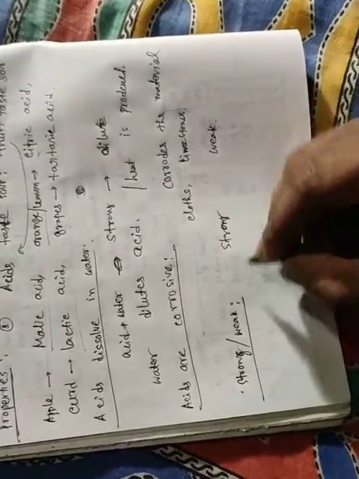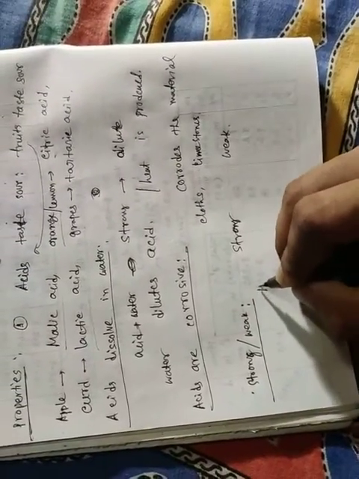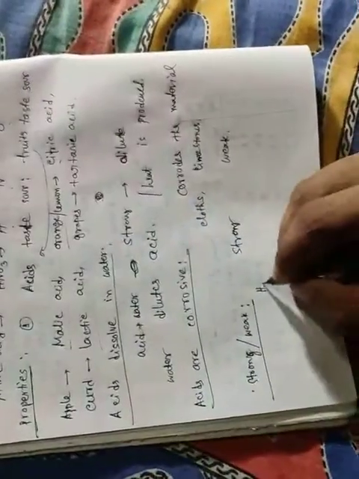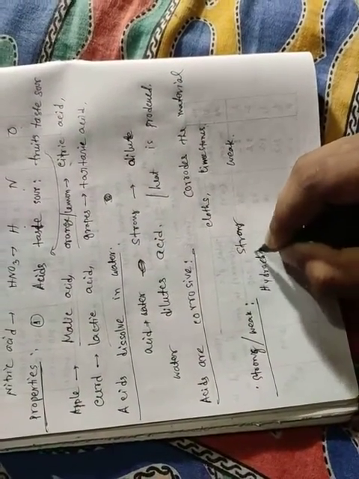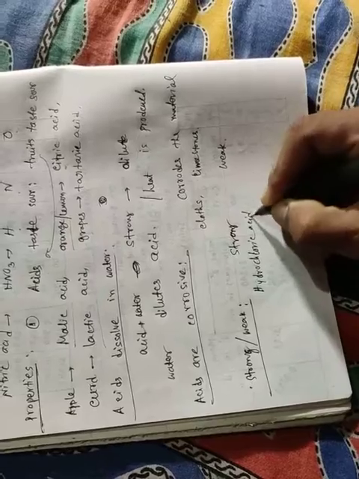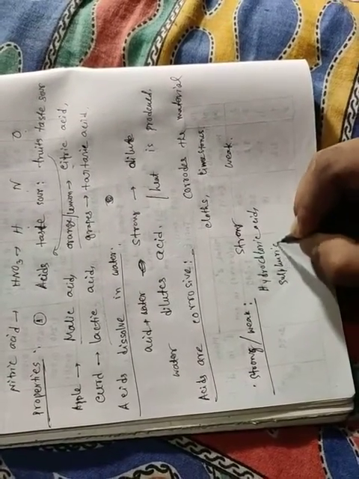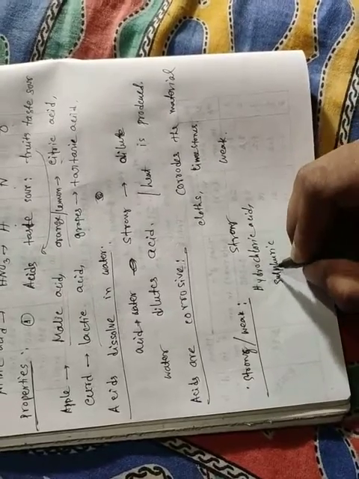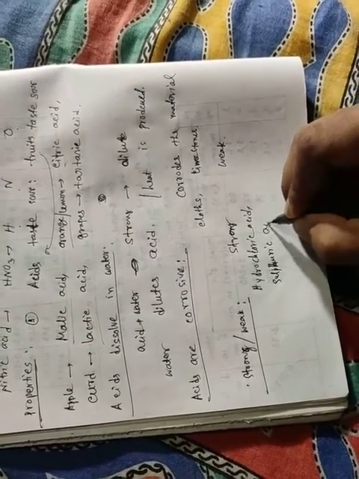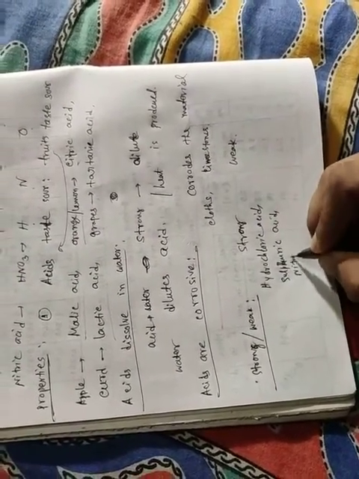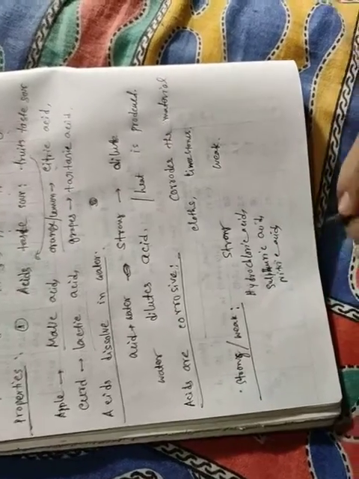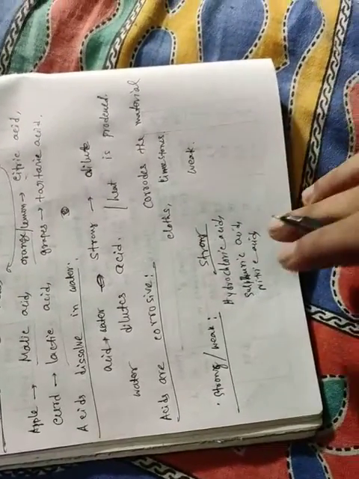Strong acid examples: hydrochloric acid, sulfuric acid, nitric acid. Remember, these are the strong acids.